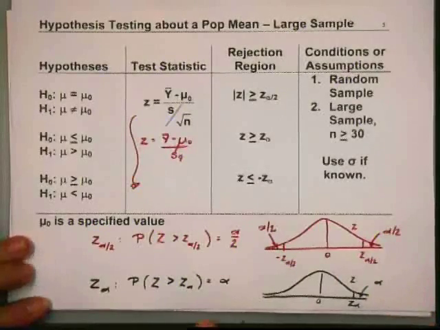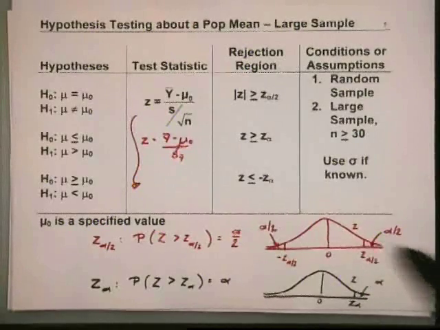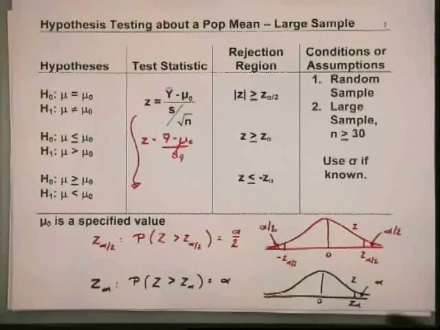So the subscript means what is the right-hand area this value determines. Z alpha over 2 means the right-hand area associated with that score is alpha over 2. Z alpha, the right-hand area is alpha. And alpha is the probability of a type 1 error.